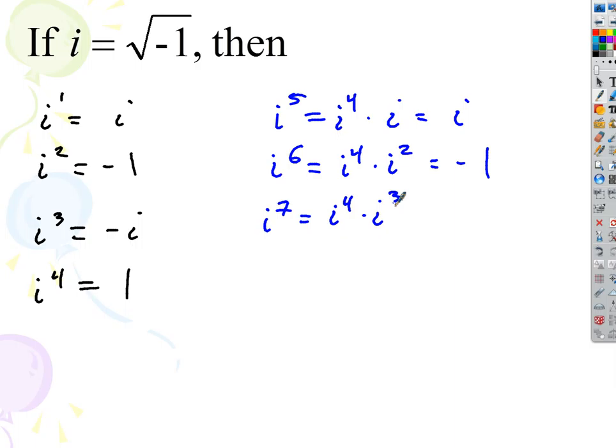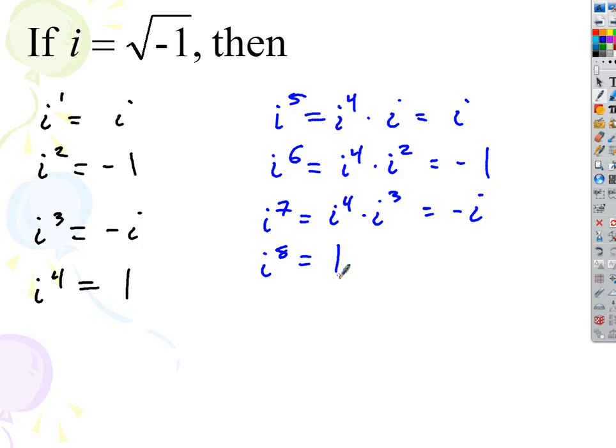I already did it. It's negative i. i to the 8th equals i to the 4th times i to the 4th. 1 times 1. So 1.